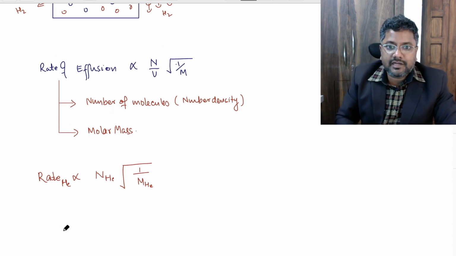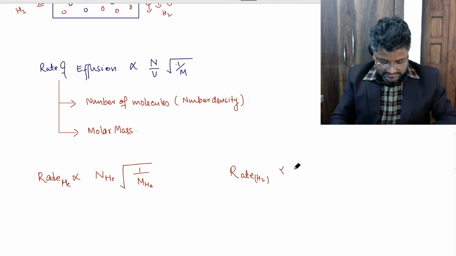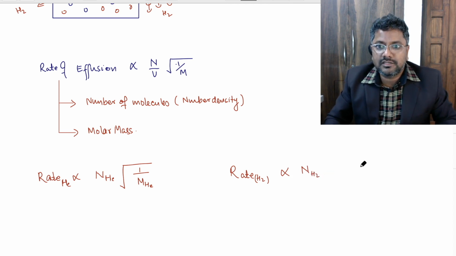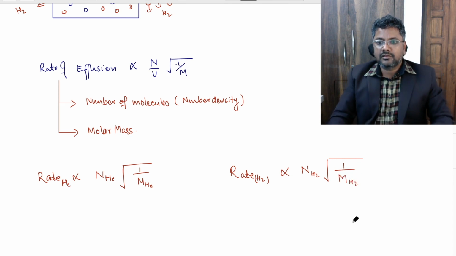And the rate of hydrogen is directly proportional to the molecules of hydrogen, and root of 1 by molar mass of hydrogen.